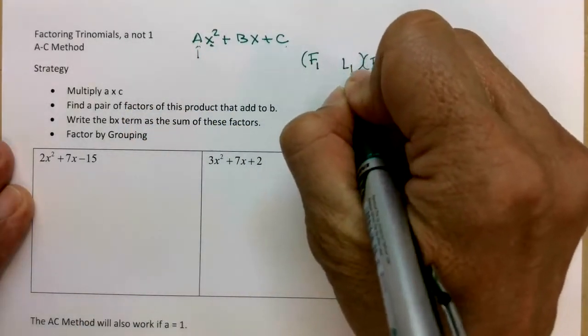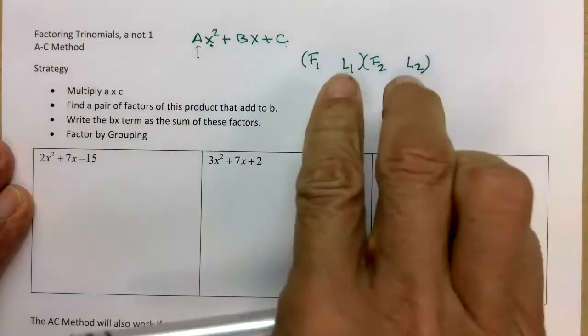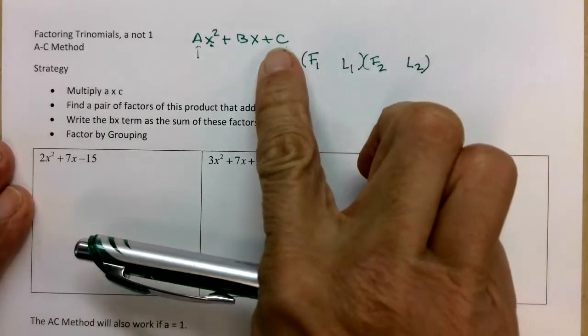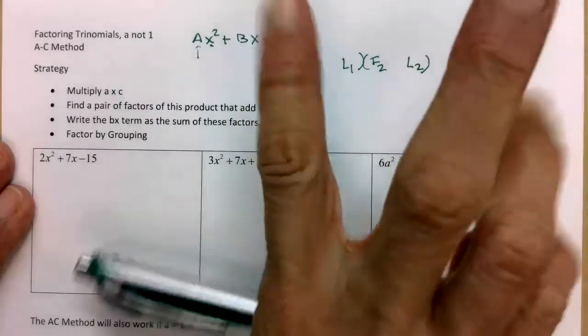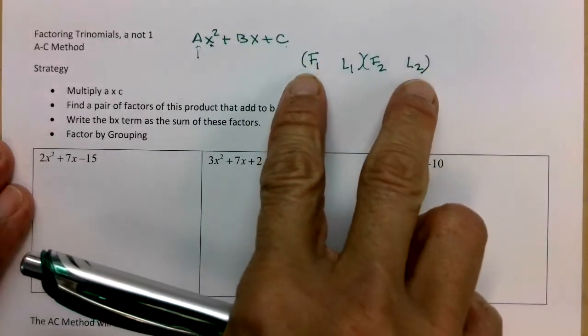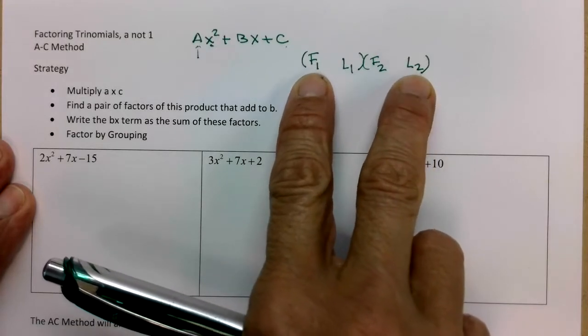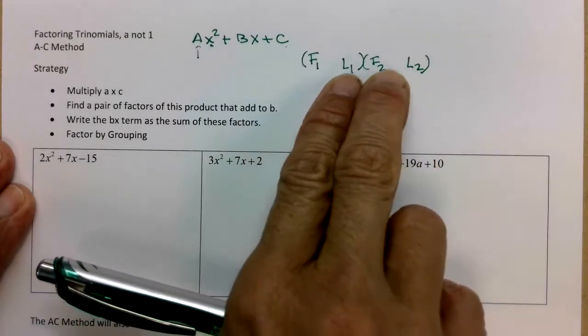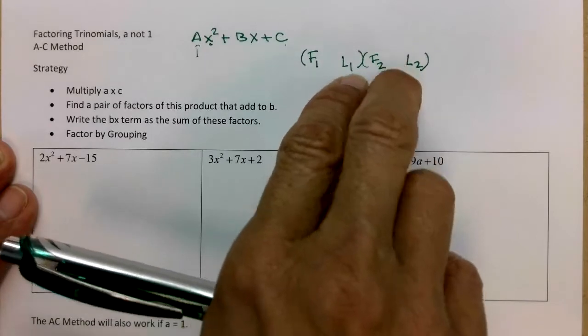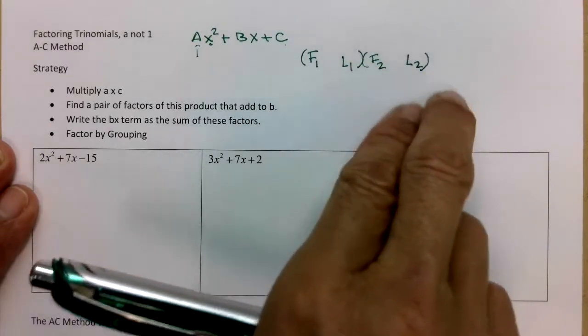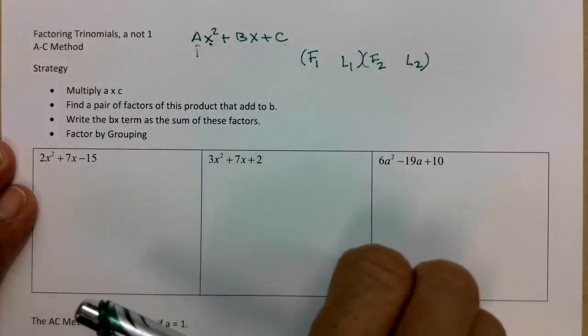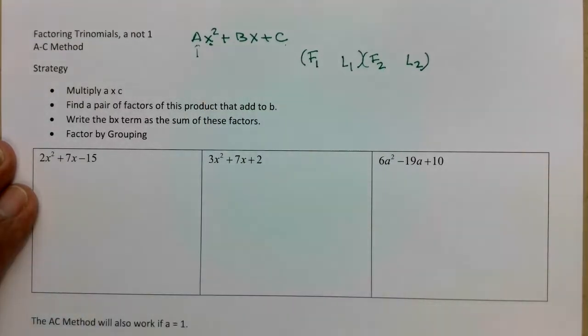Your two last terms multiply together and give you your c, your constant term, usually. Then your outer and inner terms have to multiply, and usually they merge to make that middle bx term.